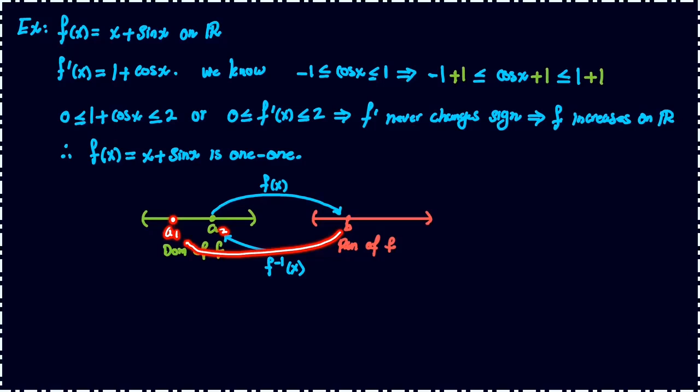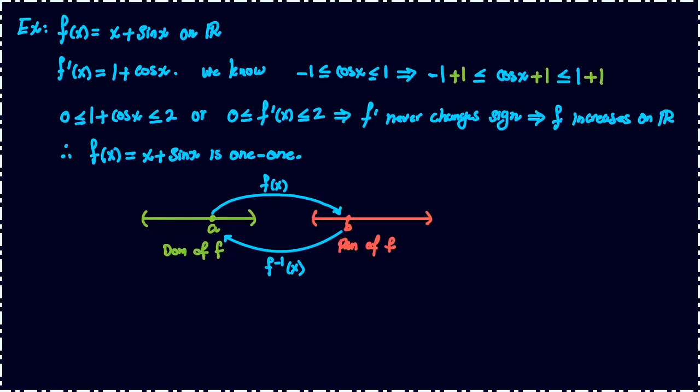And we don't want that. We don't want f inverse of x to have two different outputs, else it would not be a function. That's why one-to-one functions are important.